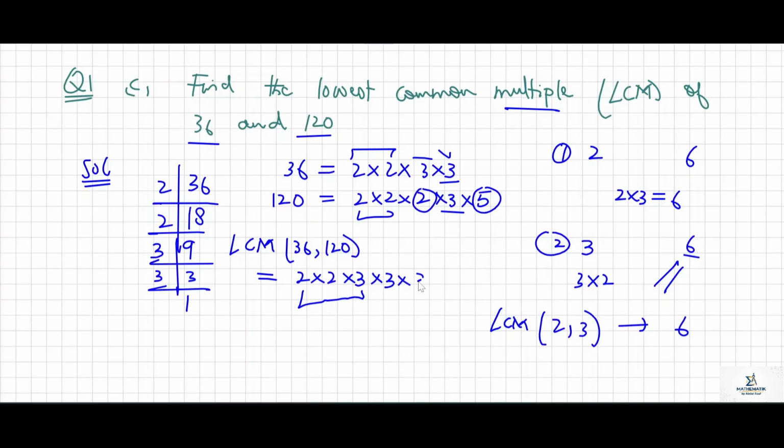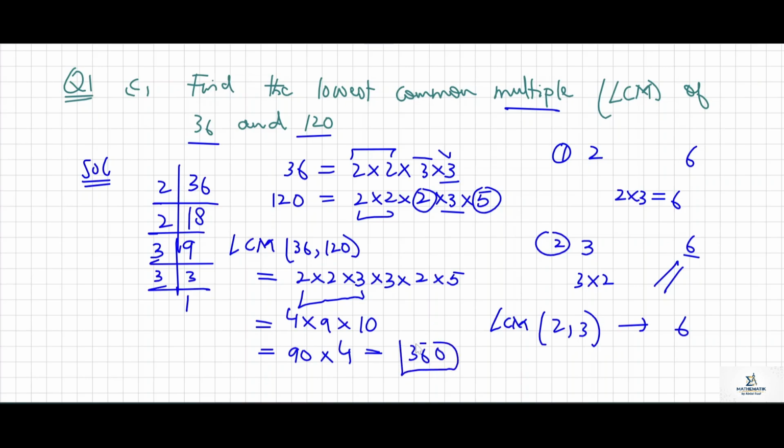You will get 2 into 5. So in the last, when you multiply these numbers, it's like 2 into 2 is 4, 3 into 3 is 9, 2 into 5 is 10. You will get 90, and 90 into 4, you will get 360.